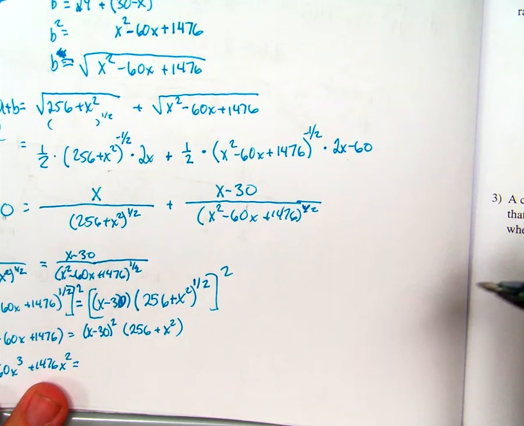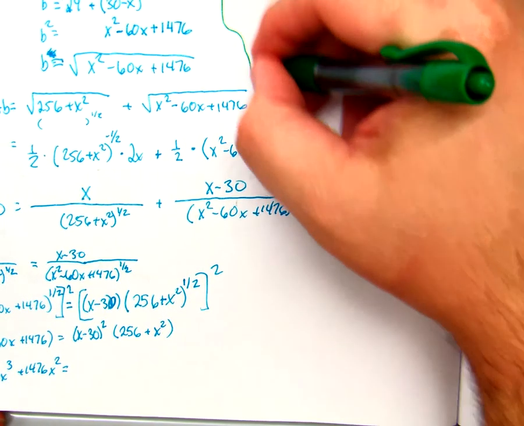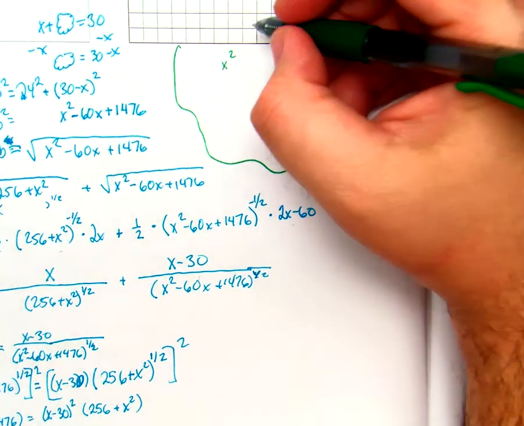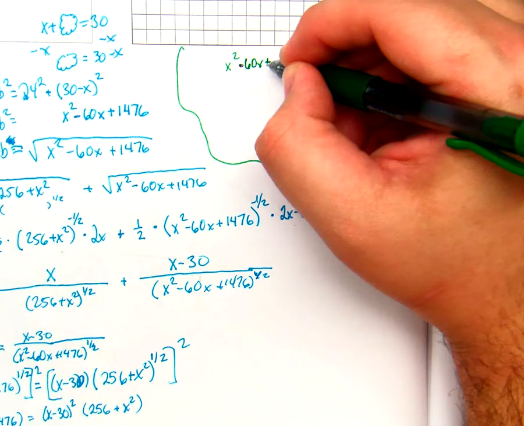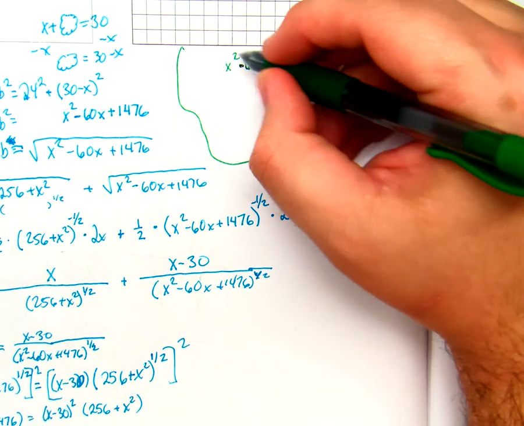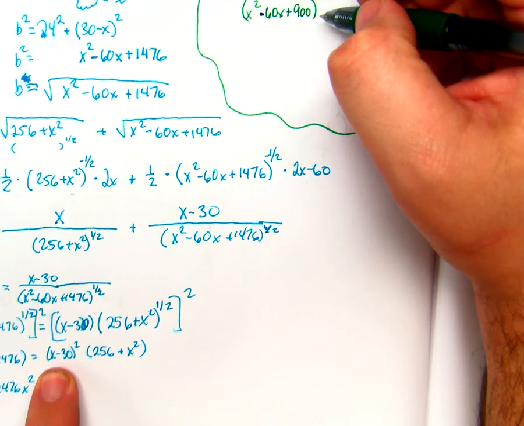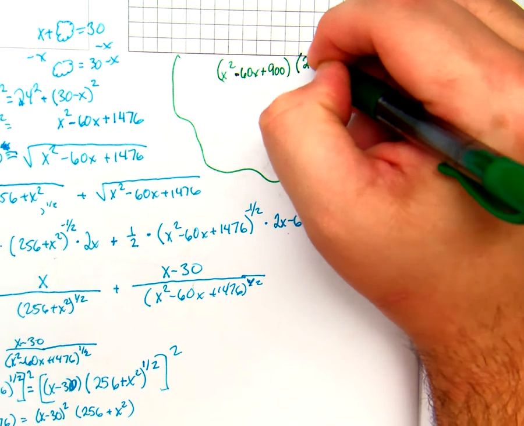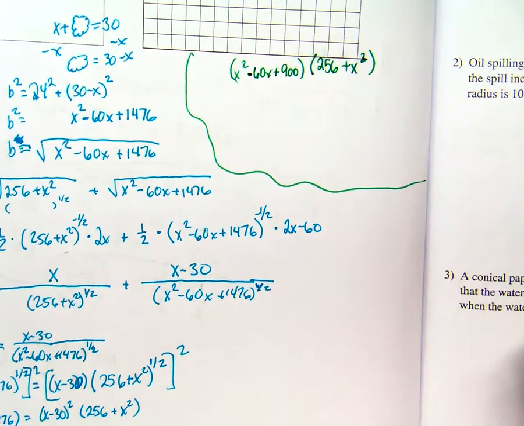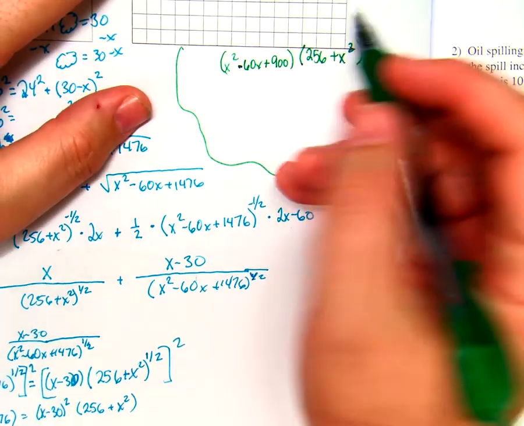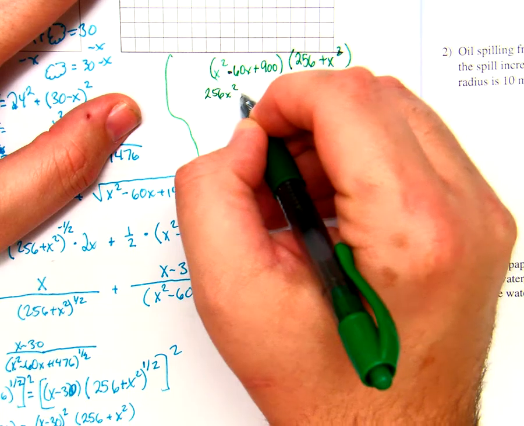I know I'm going to get x squared minus 60x plus 900, which was the x minus 30 quantity squared, times 256 plus x squared. Of course. Why not? Just make it nasty. Multiply through by 256. 256x squared. I just really don't want to do this one anymore.